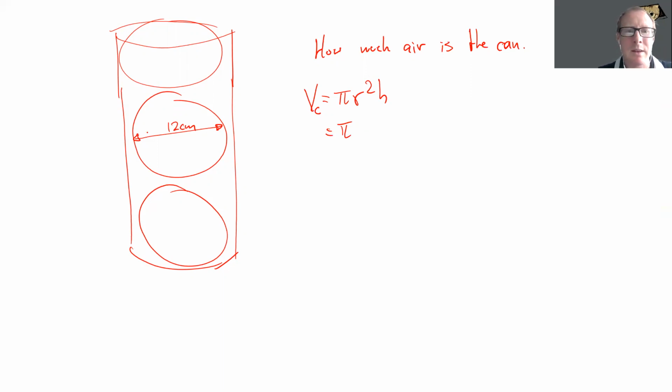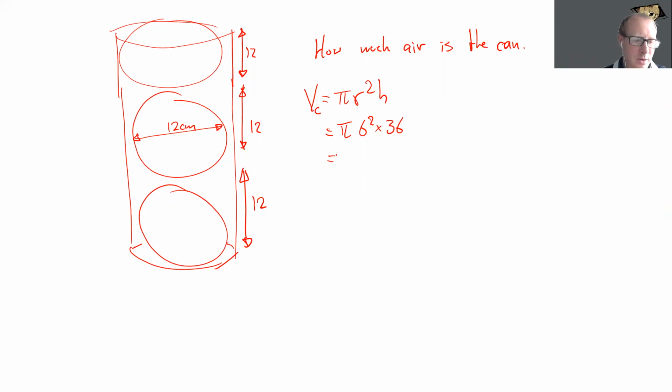Now my radius of this is half of 12, so it's 6 squared. Now, what's my height of this cylinder? We know that this is 12 this way, and all the tennis balls are 12. So if we presume that these tennis balls touch both the bottom of the can and the top of the can, we're going to have a height of 12 times 3, or 36.